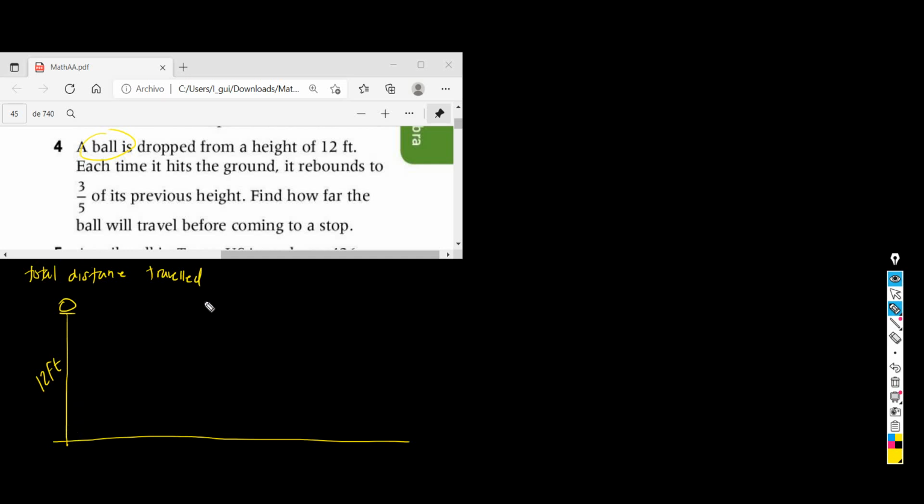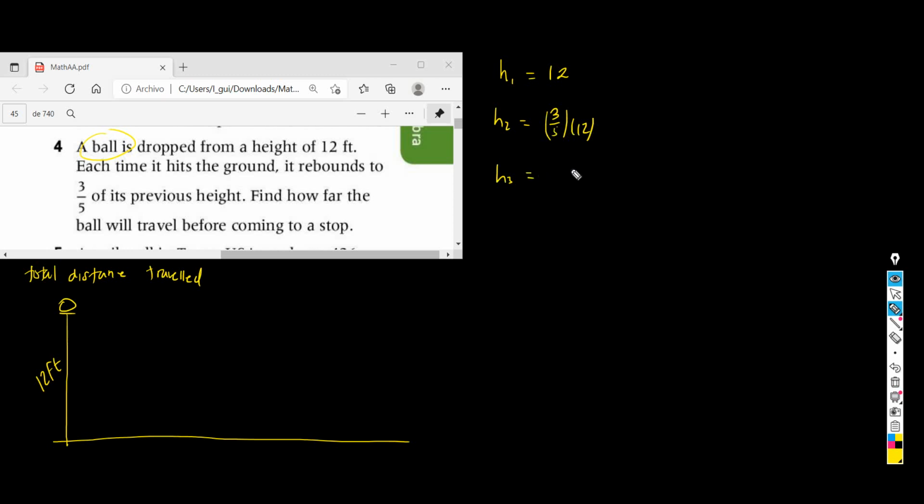So what you need to realize is the following. Let's write the first height of the ball. I'm gonna write h1. Height 1 is gonna be equal to 12. Height 2, which is gonna be the next height after the first rebound, is gonna be 3/5 of 12.